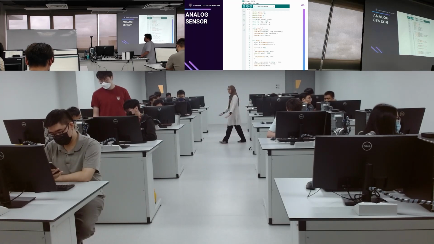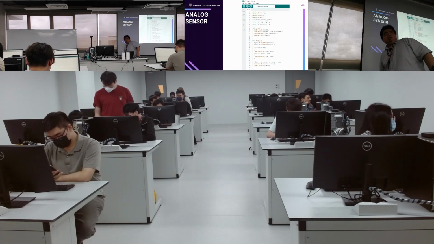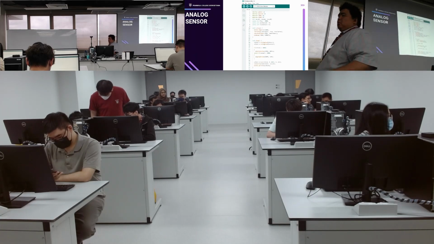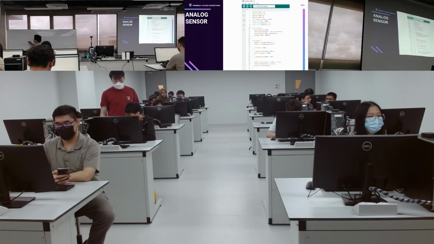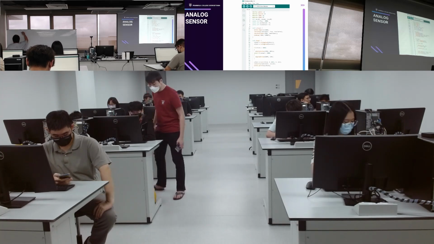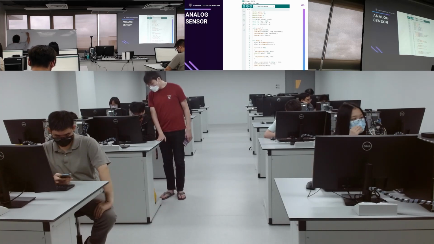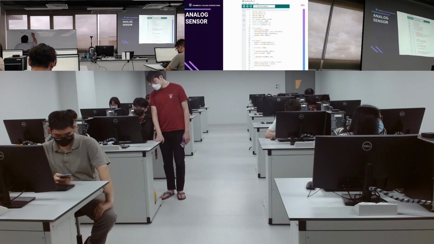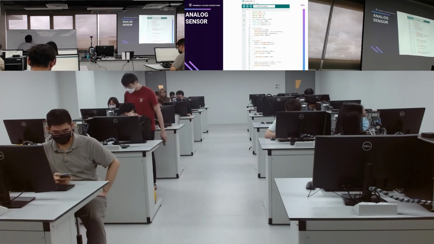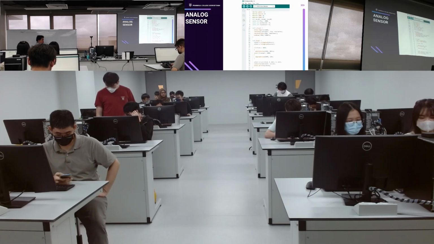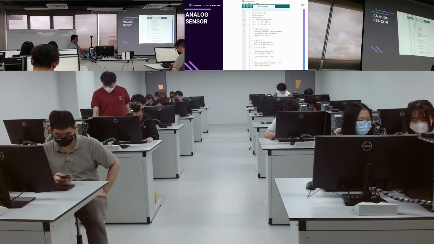Alright. Okay. So, what is map actually? Why do we use map? When we say map, there are 4 values.